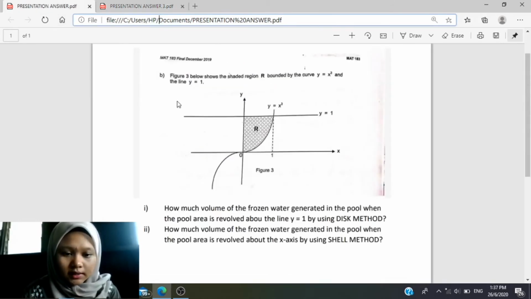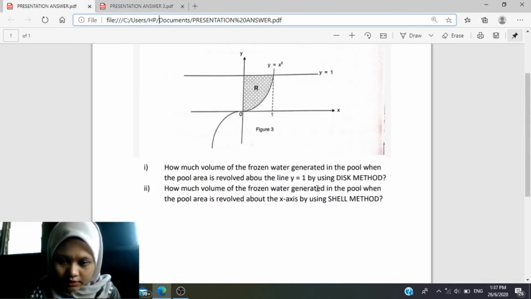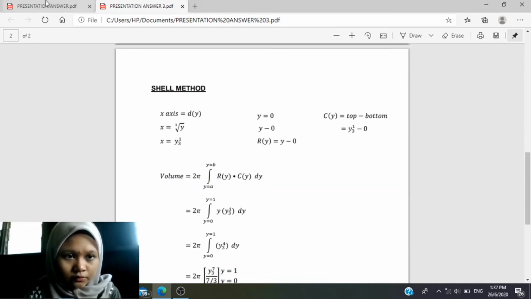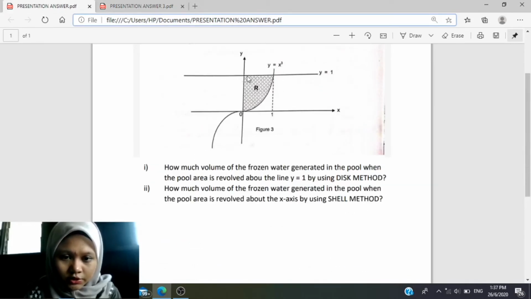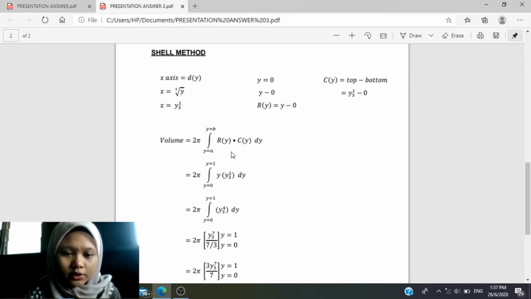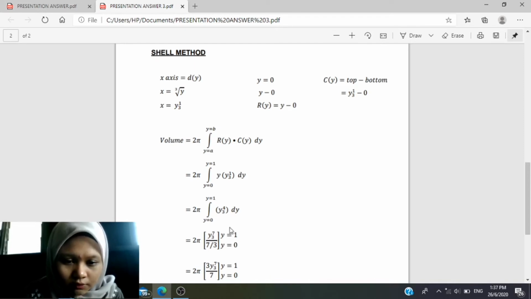Okay, the second question is we need to use the shell method to get the volume of this shaded region. For the shell method, we need to figure out where we need to have the volume.